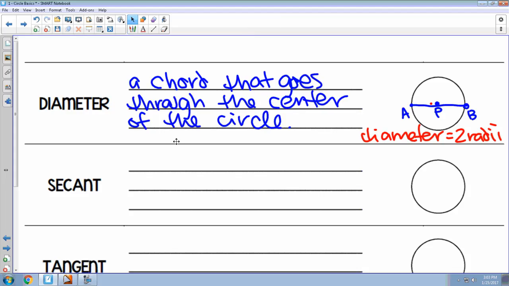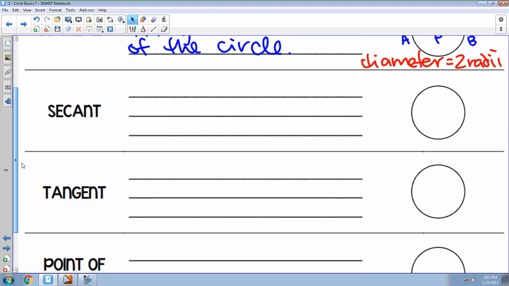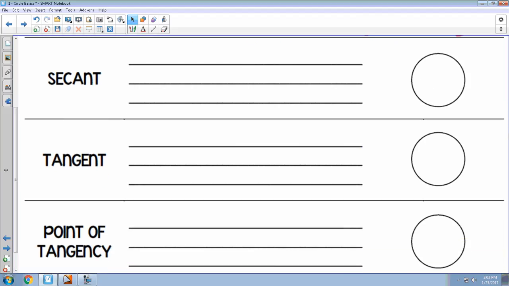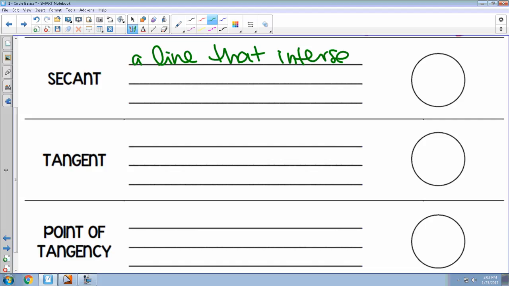Okay, moving on. Again, feel free to pause this as we go so that you can get all the notes down. A secant is a line that intersects the circle in exactly 2 places, 2 points.